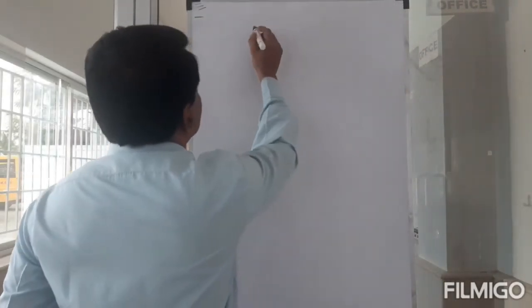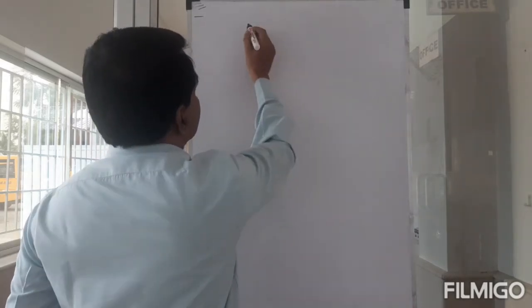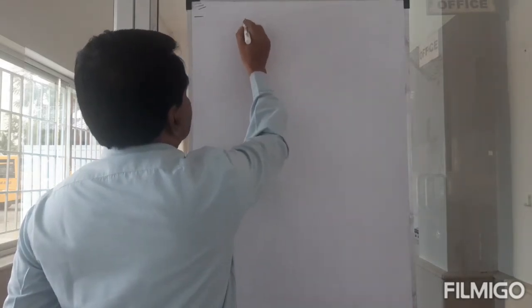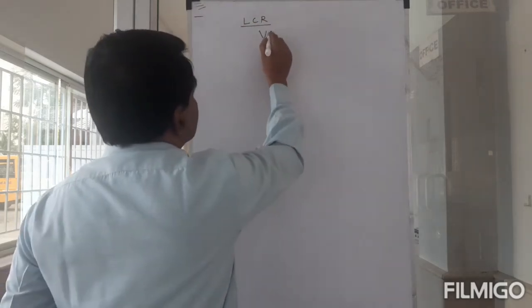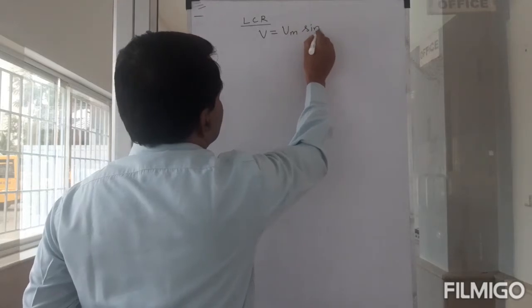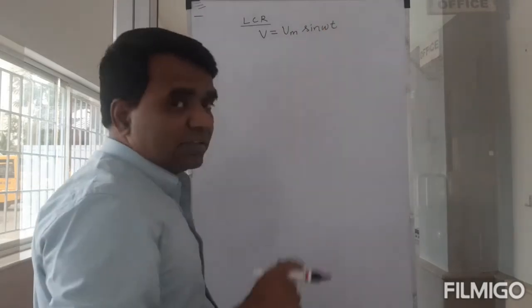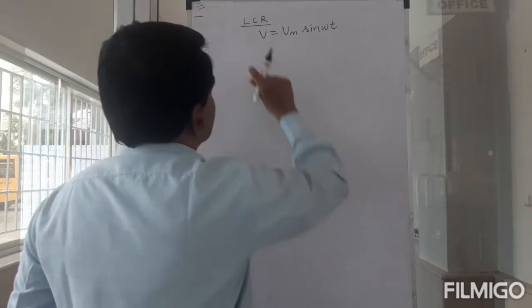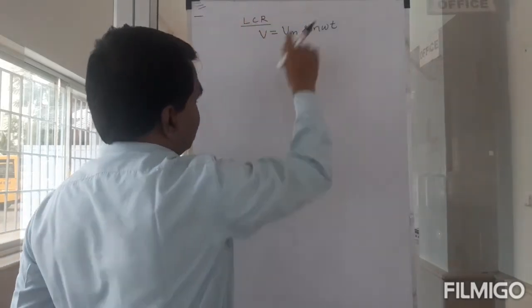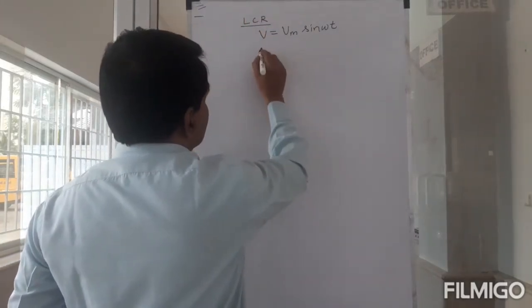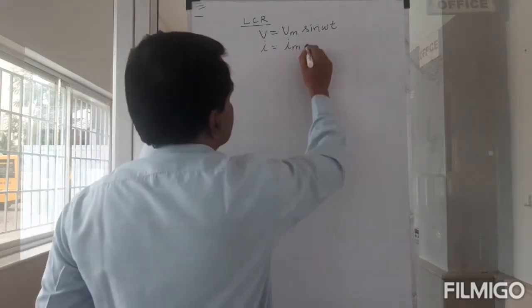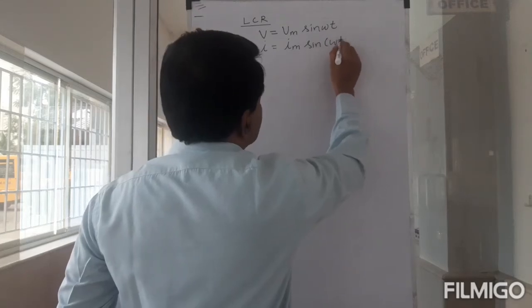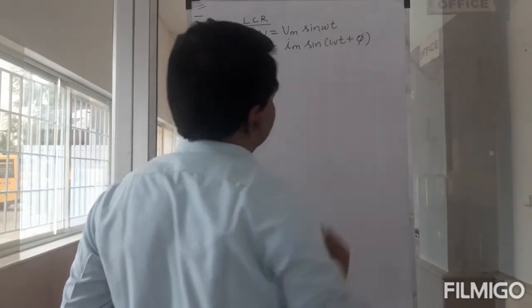Okay, to summarize, in an LCR circuit, let's say V is equal to Vm sine omega t. This is the applied voltage, and in that circuit we have L, C and R. So you will have a current equation I equal to Im sine of omega t plus phi.